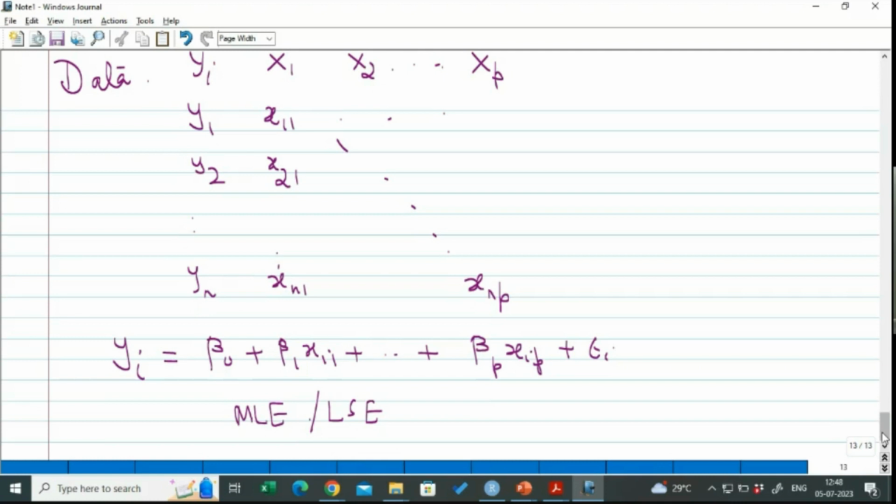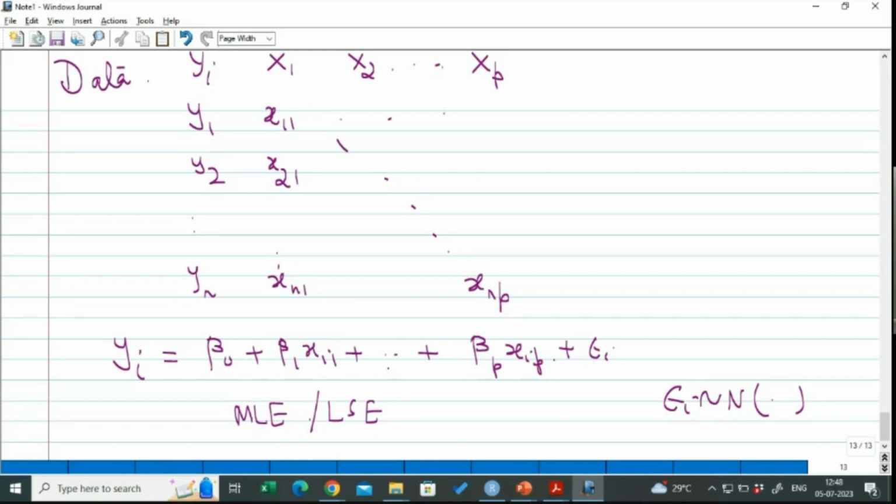And you know that if epsilon are normally distributed, then both are equivalent. I will share another document where you can understand that in both cases the estimates are basically similar if we are in a normally distributed setup.